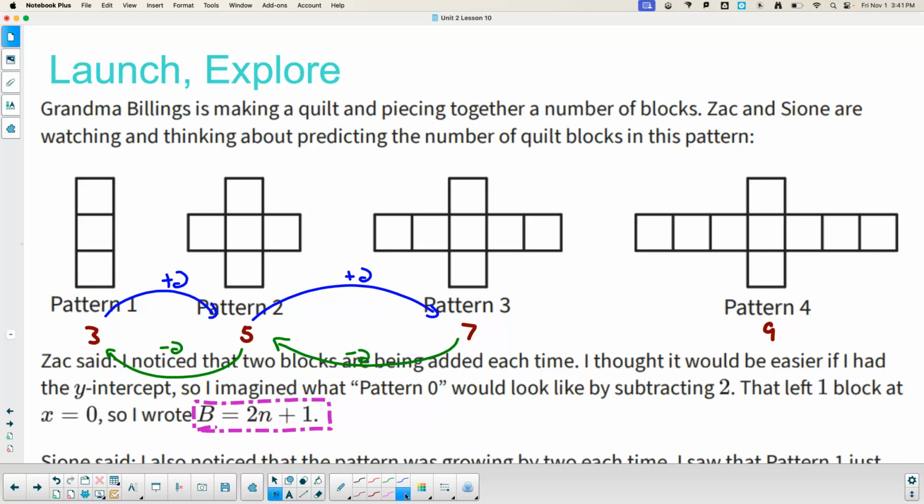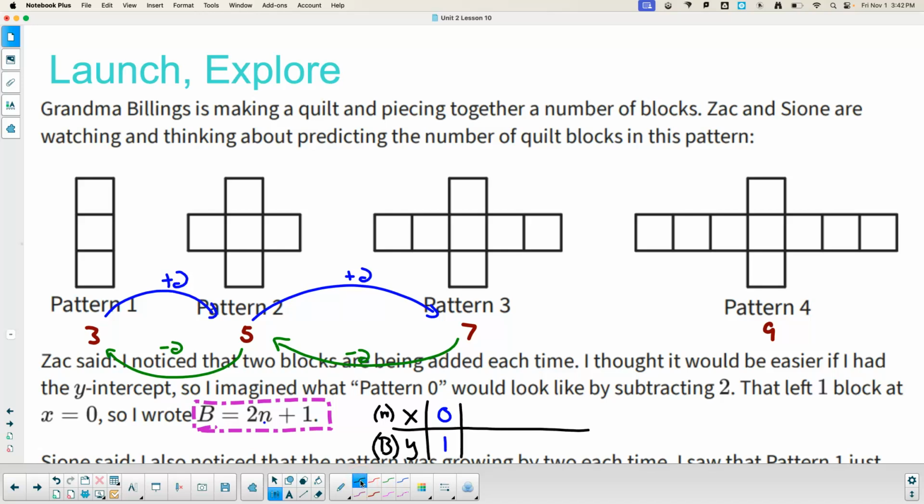Quick little check just to make sure that this works. So this x would actually be n, and this y would actually be capital B for blocks. Okay, so if we plug in 0 for n, we get 0 times 2 is 0, plus 1 is 1.